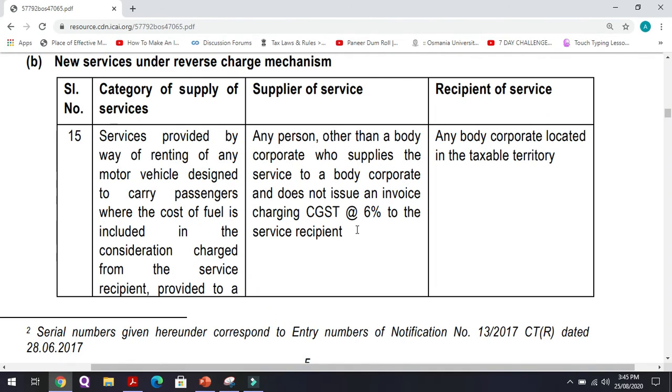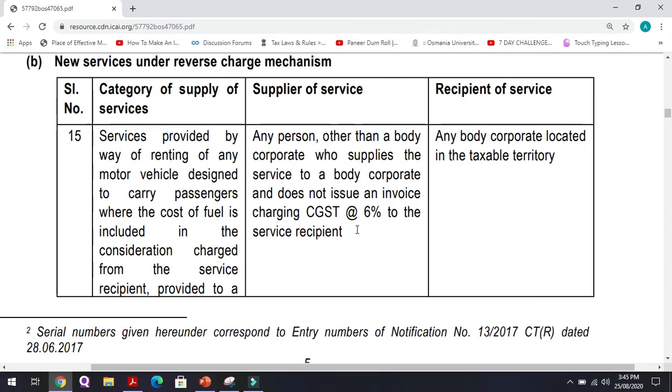So in that situation, an unregistered person was not covered. But with the amendment which has been brought in, an unregistered person will also be covered, because an unregistered person will definitely not issue an invoice wherein he is charging GST, because he is unregistered. He cannot issue a tax invoice.